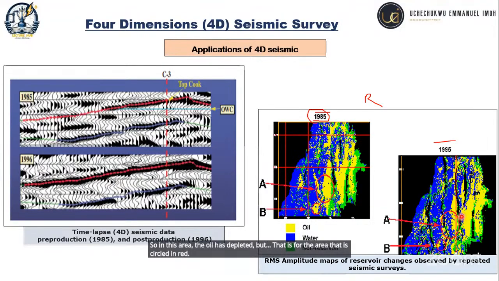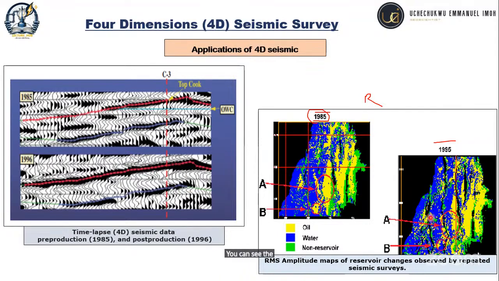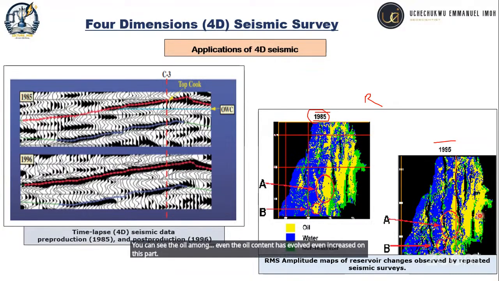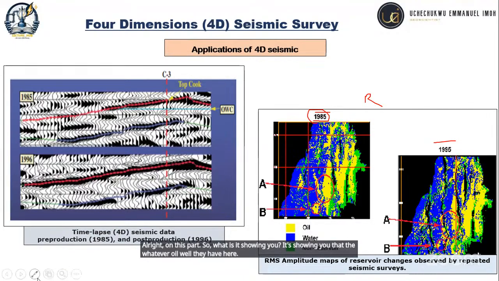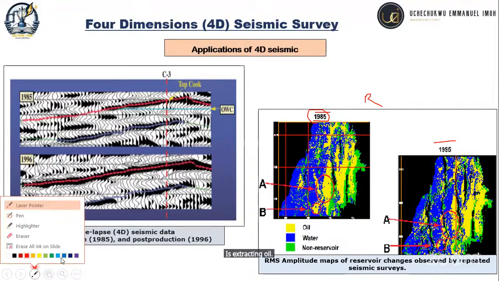On the other part that is not circled in red, the oil remains unchanged. You can see the oil content has even increased on this part. So what is it showing you? It's showing you that whatever oil well they have here is extracting oil in only this part of the reservoir.